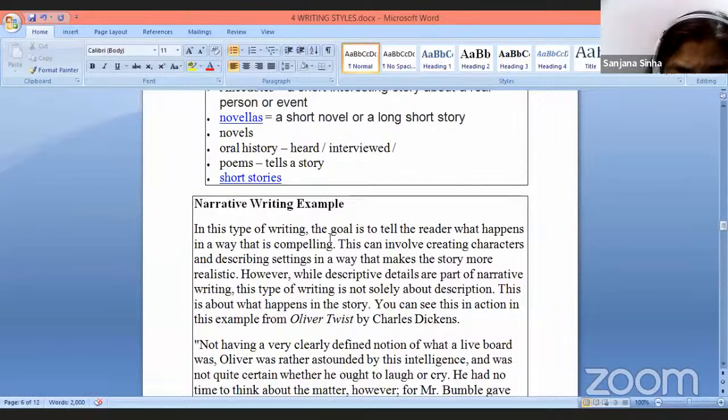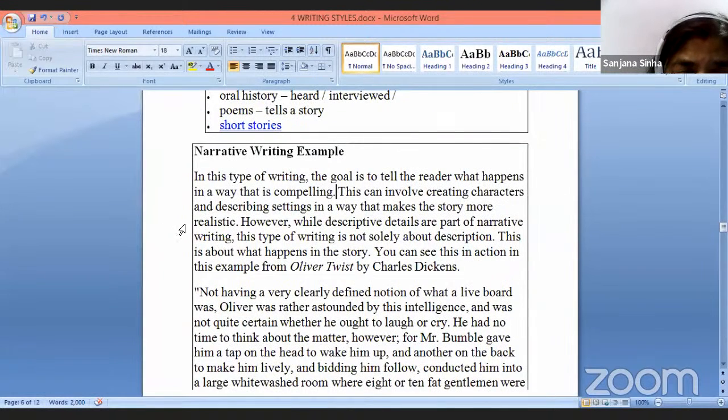So in this type of writing, the goal is to tell the reader what happens in a way that is compelling, that the person should be interested to read the entire story. This can involve creating characters and describing settings in a way that makes the story more realistic. However, while descriptive details are part of the narrative writing style, this type of writing is not solely about description.